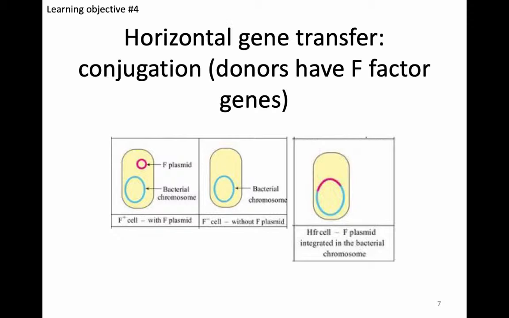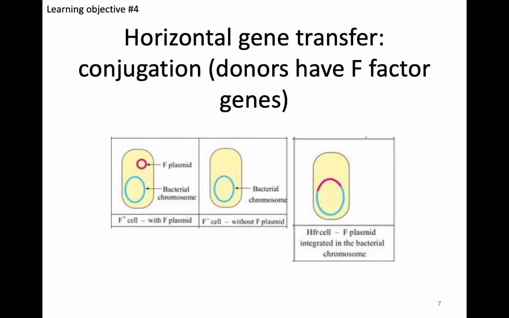On the left, we have an F+ cell. So this cell looks identical to the F- cell with the addition of an F plasmid, which has genes for extending a pilus and connecting with a recipient. So this F+ cell, because it has that genetic information, can extend pili and donate DNA to a recipient through horizontal gene transfer by conjugation.